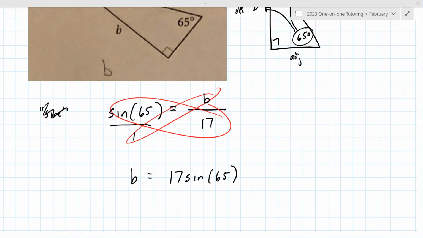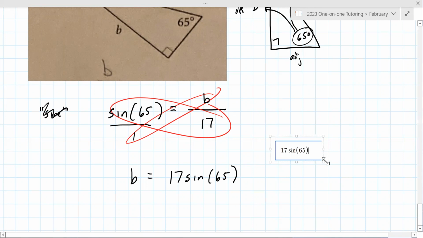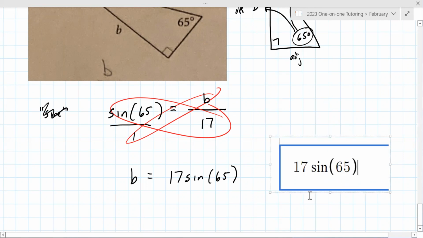So do you have the 17 in front of the sine? It's in parentheses by the sine. Am I physically writing 17 times sine times 65? No, 17 and then sine parentheses 65. So that 65 is the argument to the function.